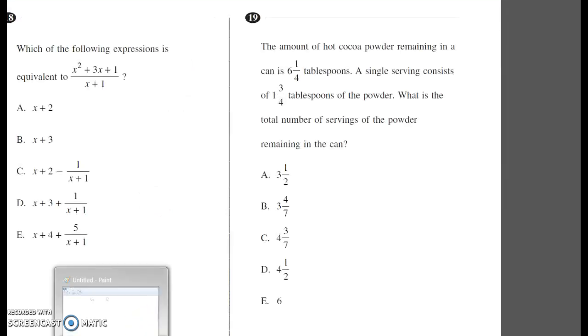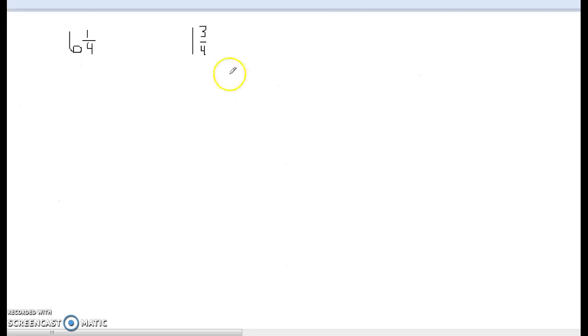So we have to see how many of these will go into that. The easiest way to do this is to change everything to an improper fraction and then divide your two fractions. The way you divide fractions, I'll tell you about that when we get to it. First of all, let's take these mixed numbers and change them into improper fractions.